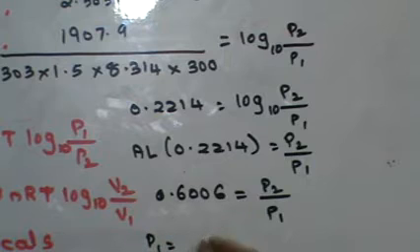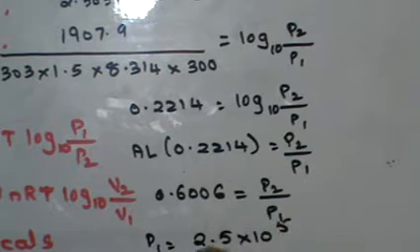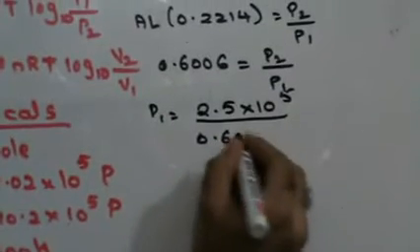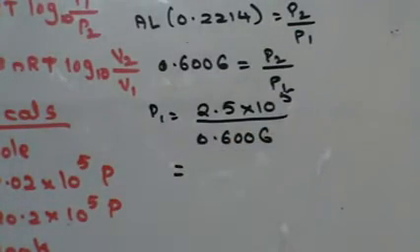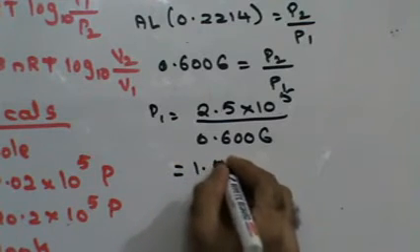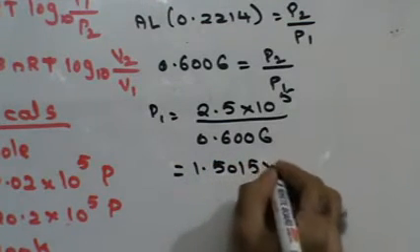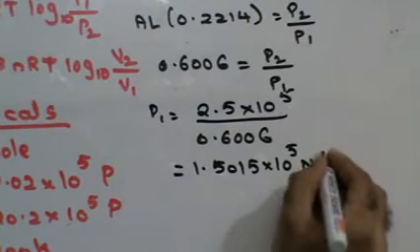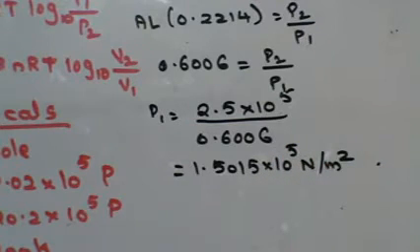So P1 is P2, given as 2.5 into 10 raised to 5, upon 0.6006. When you divide this, you will get 1.5015 into 10 raised to 5 newtons per meter square. That is the initial pressure.